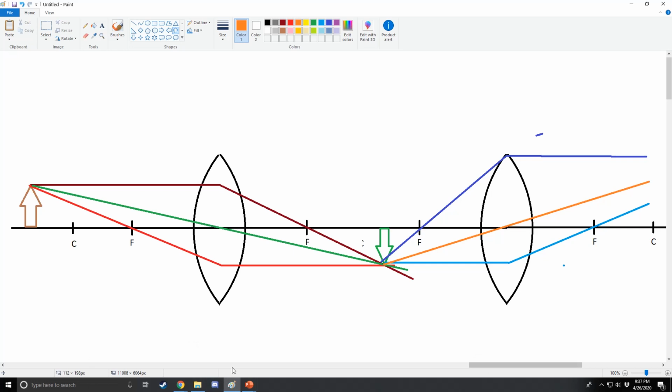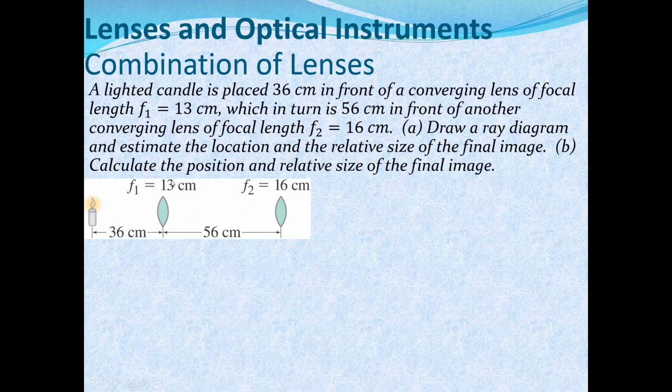Typically, you don't need to have these diagrams drawn perfectly to scale, but you do want them roughly in line with each other. When I was looking at this, I was trying to make sure that these two focal points weren't overlapping. This one has a focal length of 13 centimeters, this has a focal length of 16 centimeters.